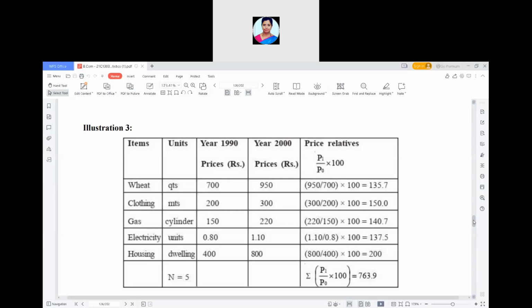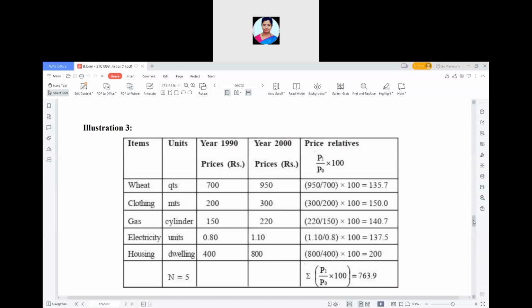And in electricity we have 0.80 and 1.10. So P1 is 1.10 and P0 is 0.80. So 1.10 by 0.8 into 100, which is 137.5, meaning 37.5 percentage. And then in housing, for 1990 and 2000 we have the values, so P1 by P0, 800 by 400 into 100.